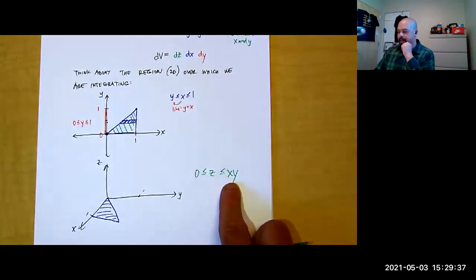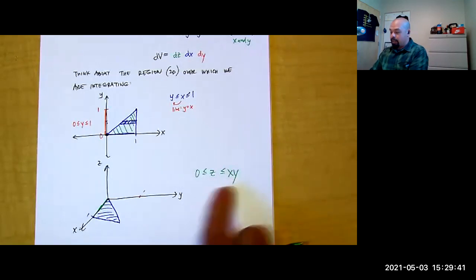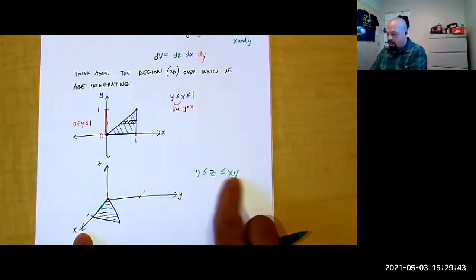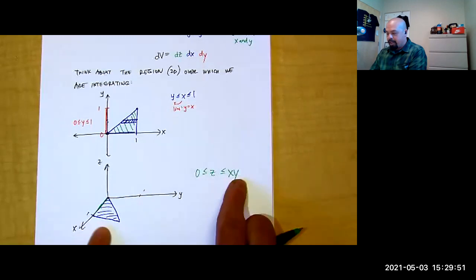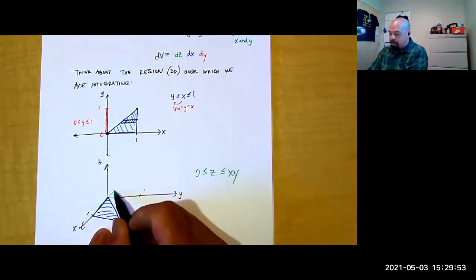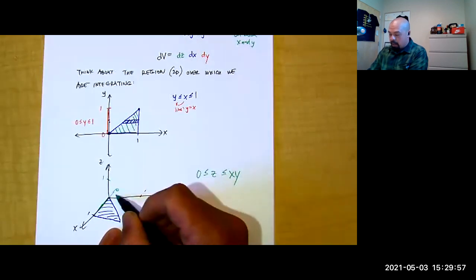Along this path, when y is always equal to 0, x times 0 is 0 still. When x is equal to 1, then y just follows. So we're going to climb up to that z value 1. 1 times 1 is still 1.